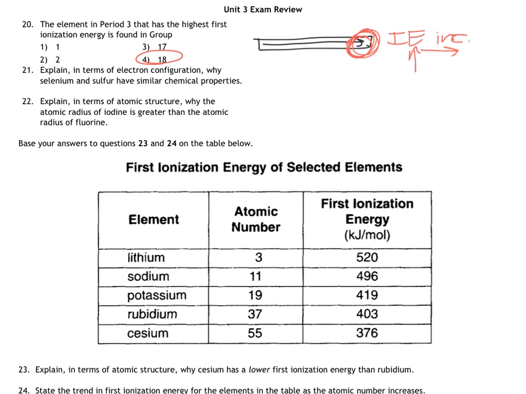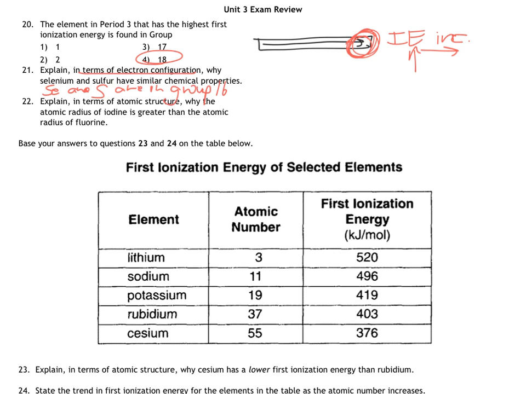21, explain in terms of electron configuration why selenium and sulfur have similar chemical properties. So you can find selenium, which is Se, and sulfur, which is just S, in group 16.